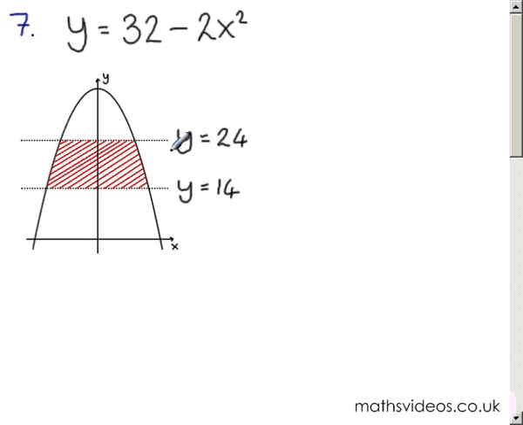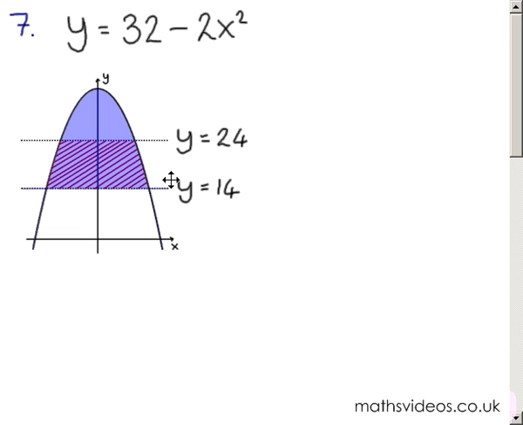So we should recognize that this question is going to be an integration question, but we should also see that it's going to require more than one step. If we consider, first of all, the area between the curve and the line y equals 14, we'll show that in blue.